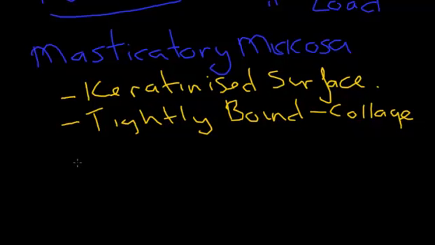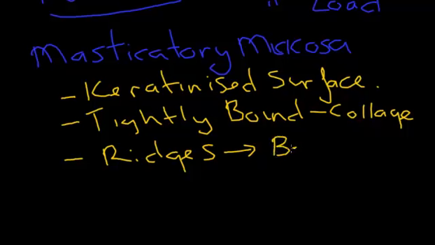And the third key feature is that it has all these ridges running across it, and these ridges increase the abrasive ability of the palate to assist in breaking down food to form boluses that then can be swallowed easily through the oropharynx, down the laryngopharynx, into the esophagus and through into the stomach.